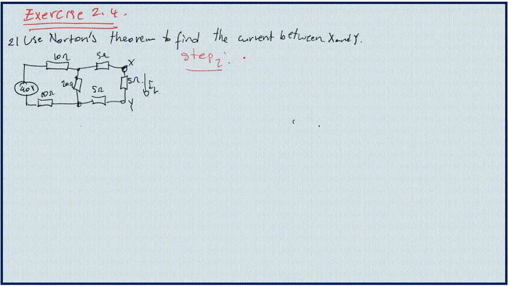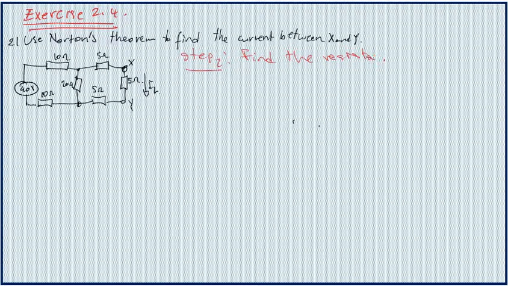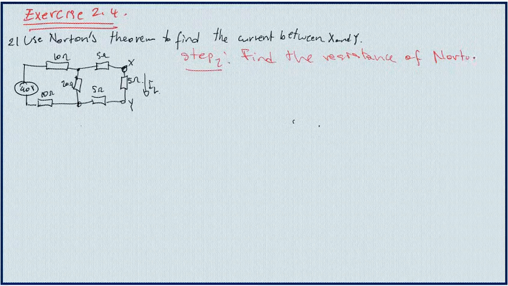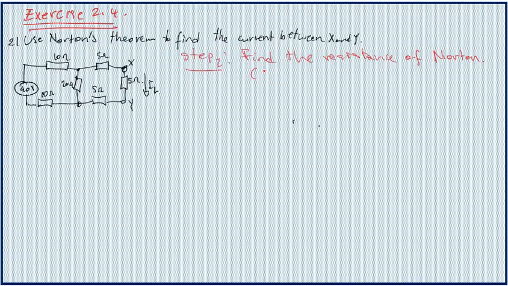So we need to calculate the resistance of Norton. The Norton resistance is symbolized by Rn.